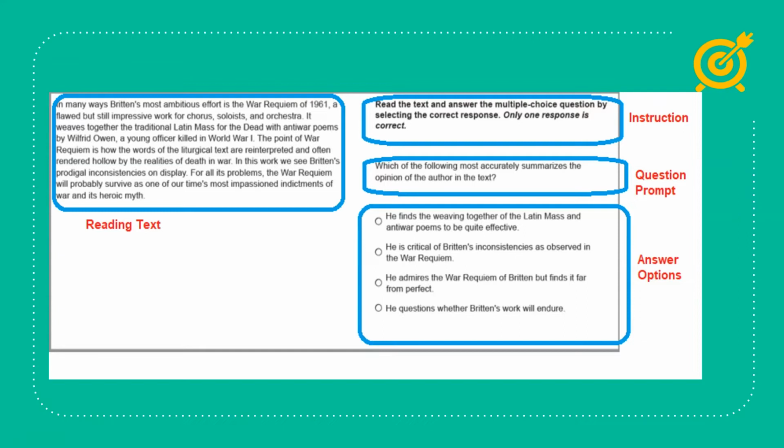Just below that, you also see the answer options. These are the possible answer options, and you have to decide which one is the best after you read the text. As you can see in the answer options, there are radio buttons. These round circular ones are the radio buttons, and you are only allowed to select one of them.